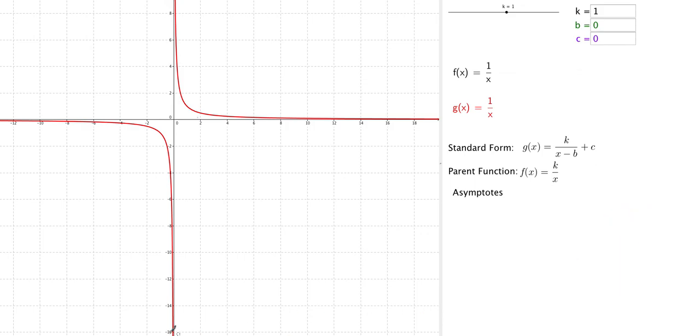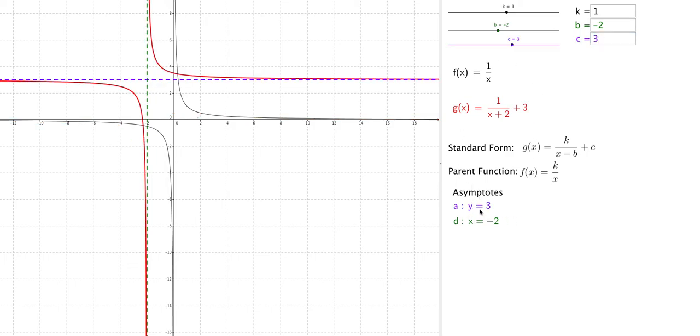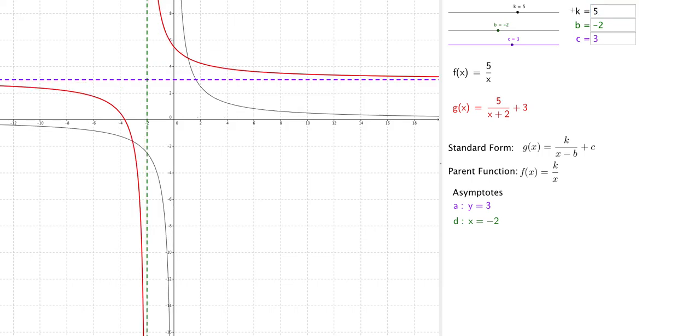Let's plug in those values and we'll see that again. If the b value is -2 and the c value is 3, those are our asymptotes, -2 and 3, and this is the equation of our graph. The k value is 5. There we go. So it's this black graph, shifted. So pick a point on the black graph right here. Let's find something that goes through.